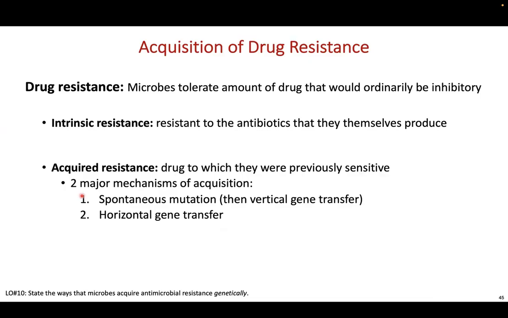There are two major mechanisms of acquisition under acquired resistance. First we have the spontaneous mutation, which occurs through vertical gene transfer. That means one bacterium attaching itself to another bacterium and transferring its resistance to it.